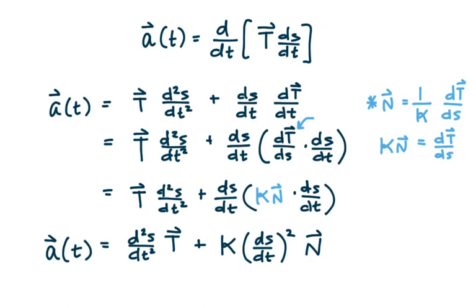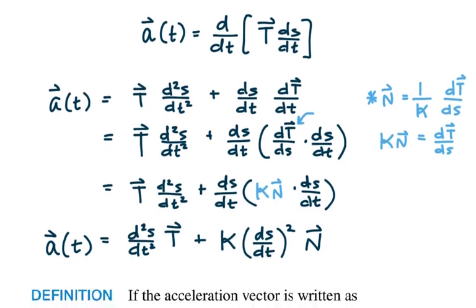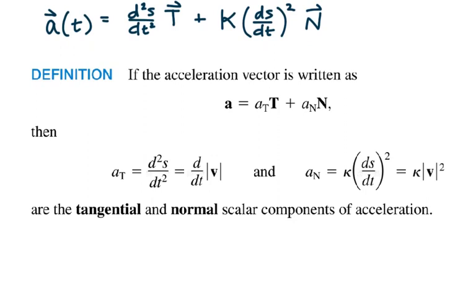So let me restate the definition the way it's presented in your text. So pulling this in and considering this, the acceleration vector is written with this tangential component times the tangential unit vector plus a normal scalar component times the normal unit vector.